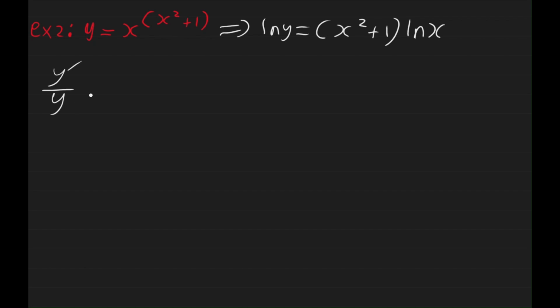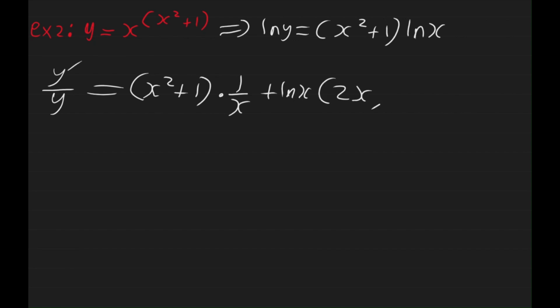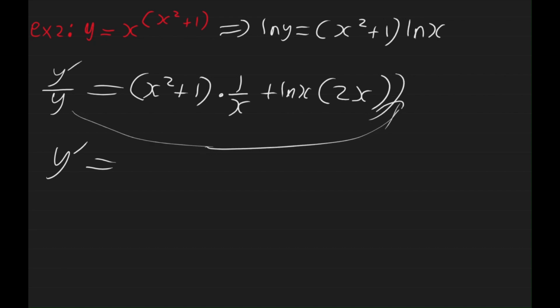Of course, this ln e we don't write it, equals a product rule. The first multiplied by the derivative of the second, which is 1 over x, plus the second, which is ln x, multiplied by the derivative of the first, which is 2x, and 1 is just 0. So y dash is equal to this function multiplied by y, and don't forget the brackets.